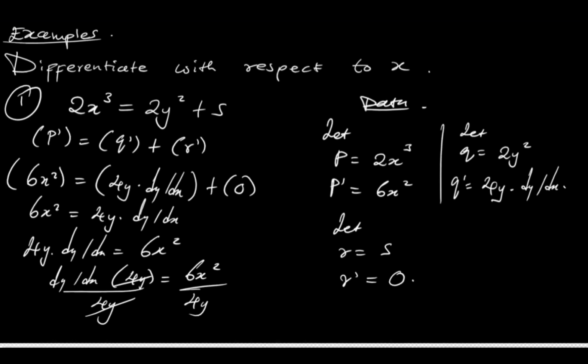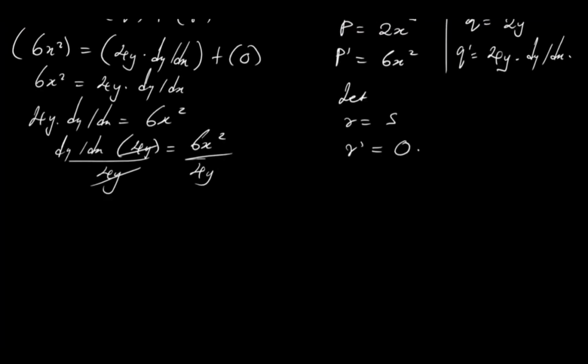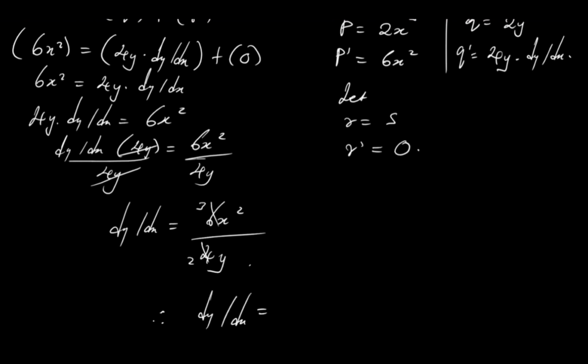This cancels with that, and we'll have dy over dx being equal to 6x squared over 4y. Now this is basically the final answer, but we can reduce. We know that 2 there is 3, and 2 there is 2. Therefore, dy over dx is equal to 3x squared over 2y. And this is our final answer.